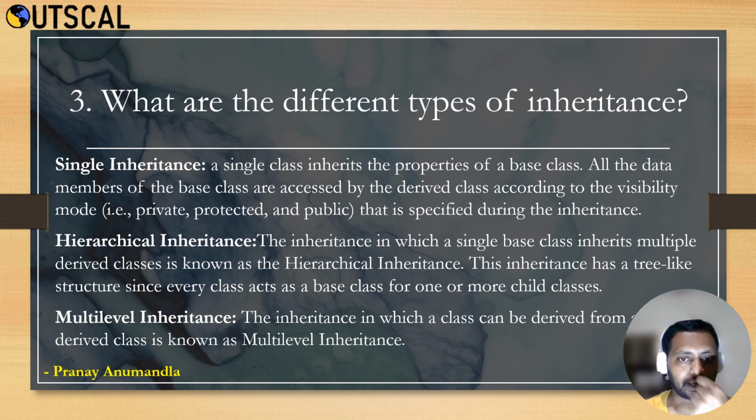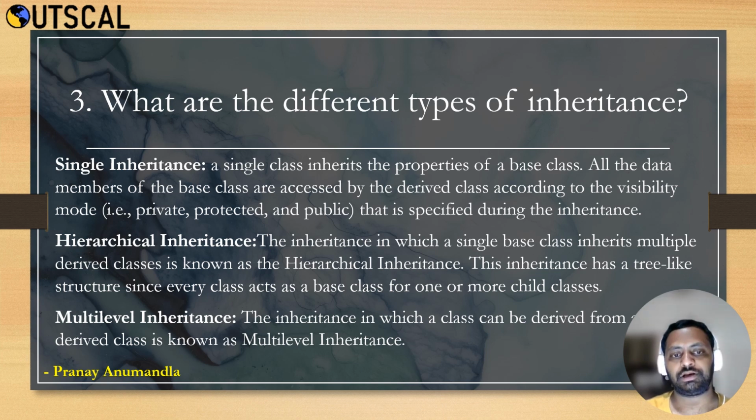And another is hierarchical inheritance. A single base class will have multiple derived classes, meaning multiple child classes will have the same base class.